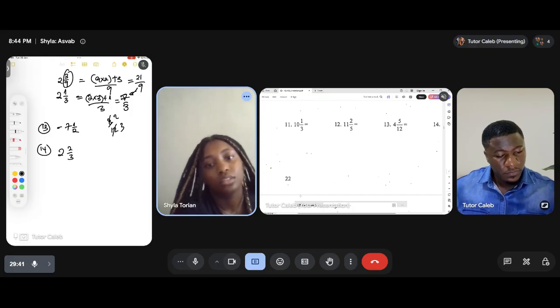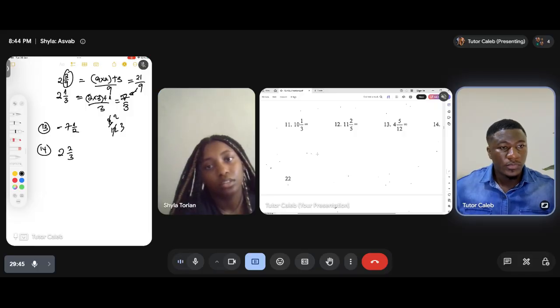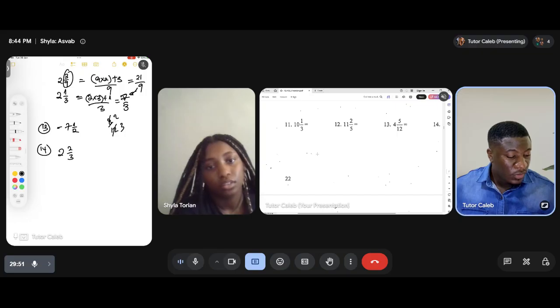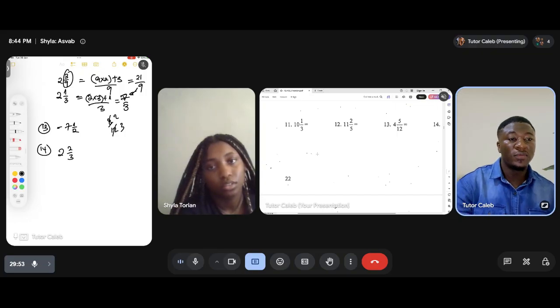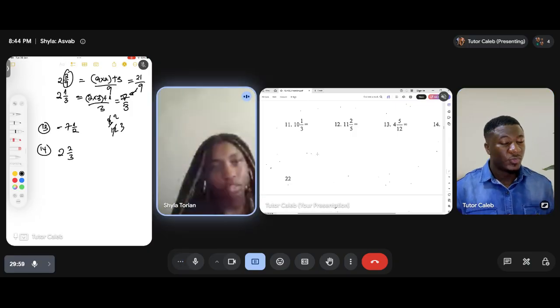No, it's a fraction. You're going to have 10 and 1 over 3. 10 and 1 over 3, you have to say 10 times 3 plus 1 divided by 3.